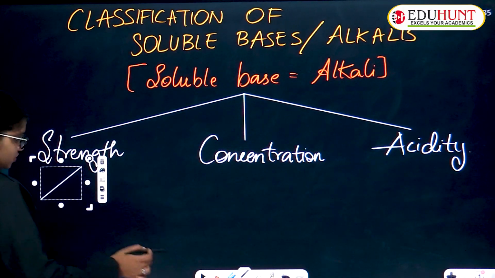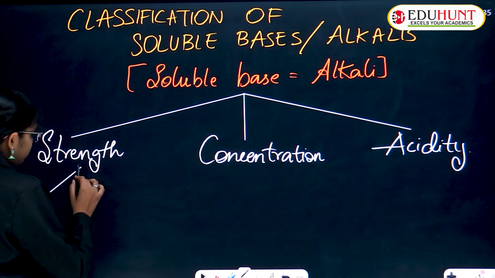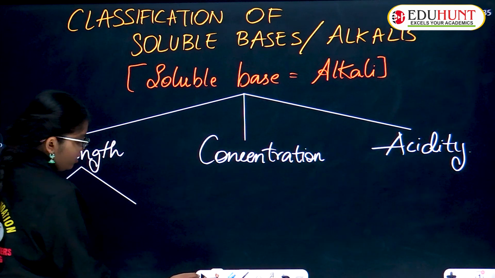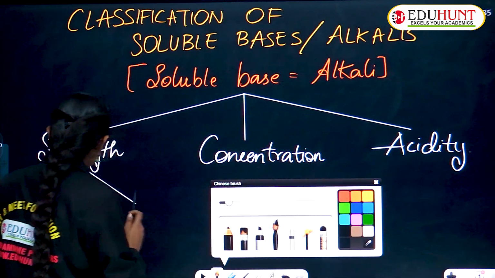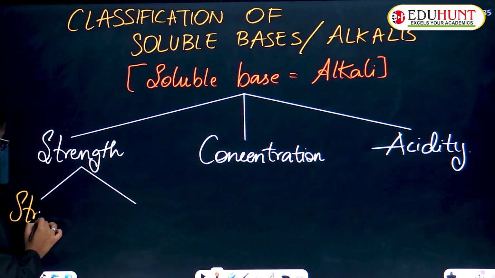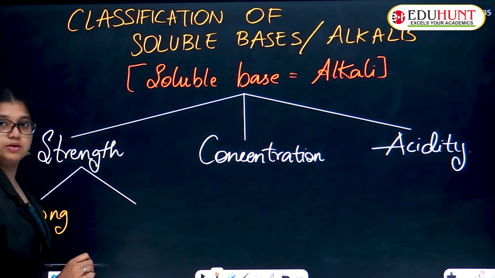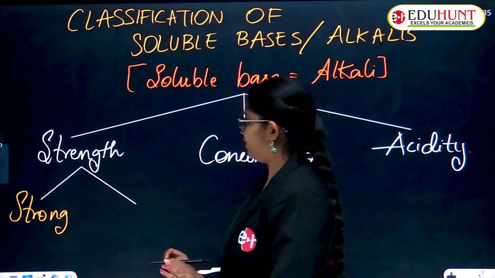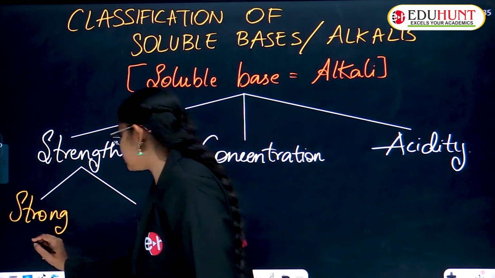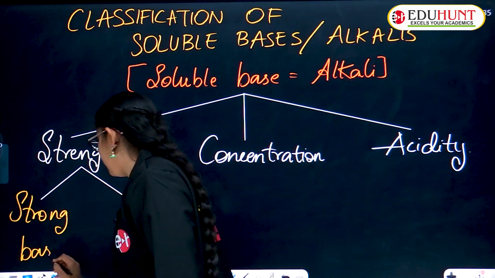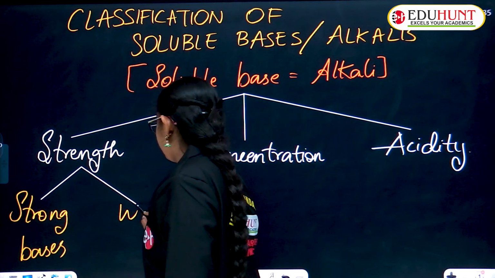On the basis of strength, bases are classified into 2 main types: strong bases and weak bases.